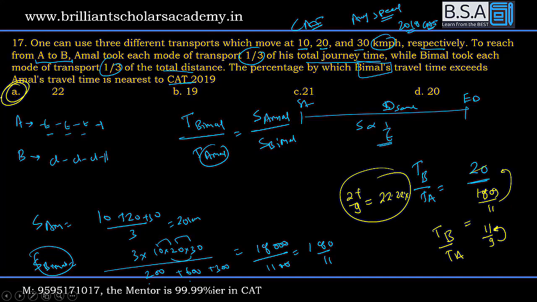What was the question? By what percentage is the time of Bimal more than Amal? In this case, we need Bimal to have the numerator time and Amal to have denominator time.